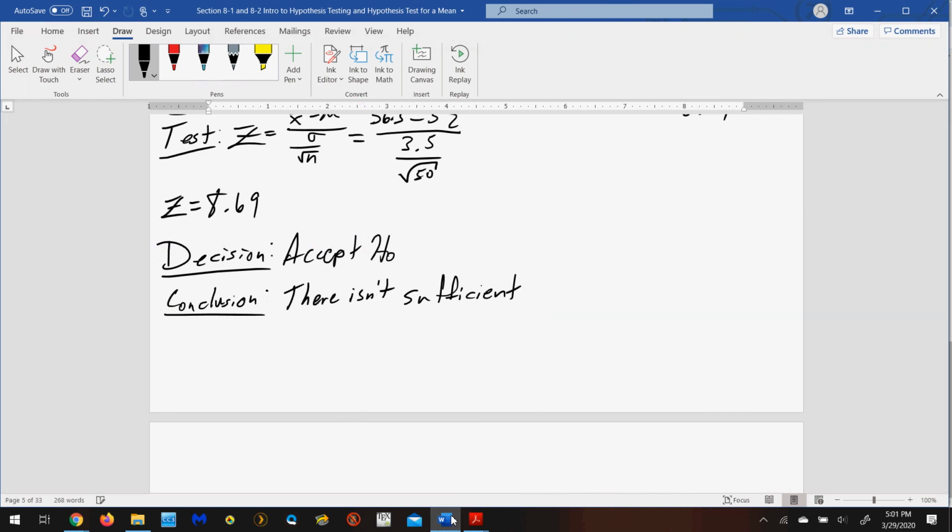So there isn't sufficient evidence to warrant rejection of the claim.